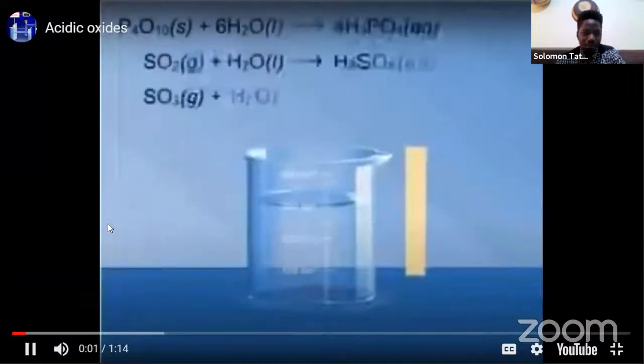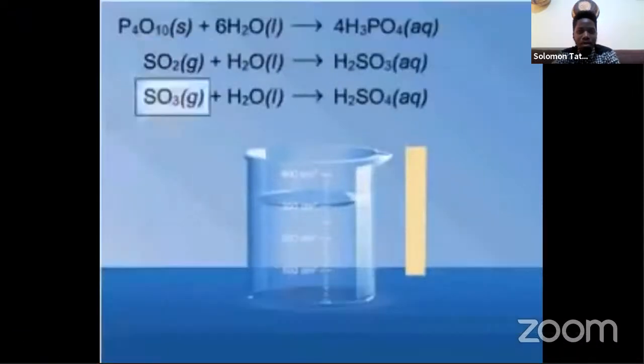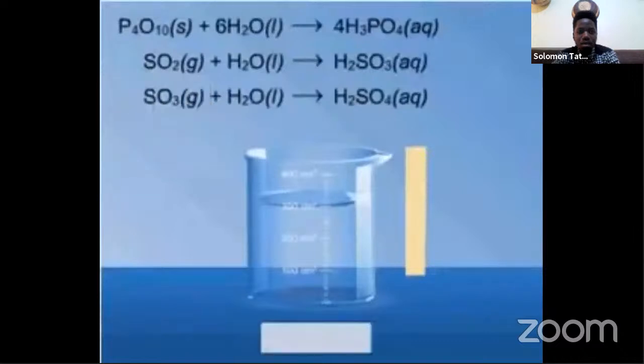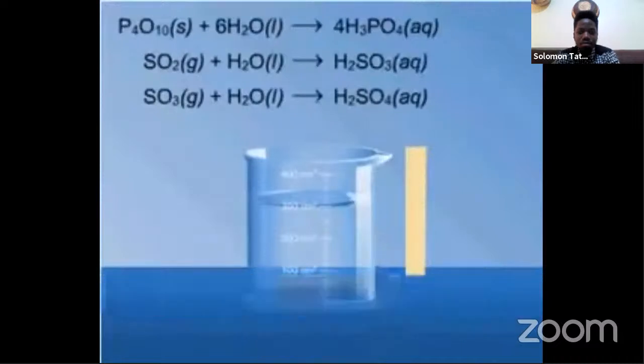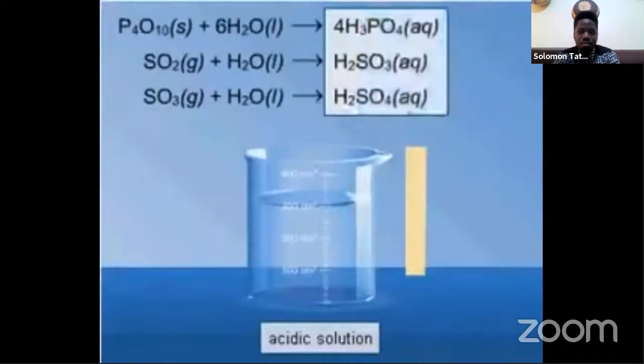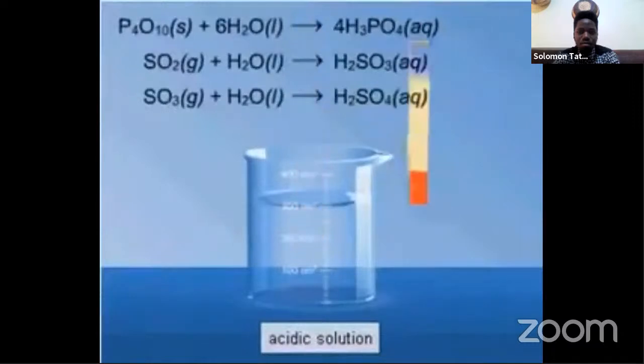Oxides of the last two elements, that is phosphorus 5 oxide, sulfur 6 oxide, and sulfur 4 oxide, are all acidic oxides. This means that they react with water to produce hydrogen ions. A solution containing an excess of hydrogen ions is called an acidic solution, and the reaction products of phosphorus and sulfur oxides with water are acids. Such solutions change the color of universal indicator paper or litmus paper to red. Let us study the mechanism for the hydrolysis of sulfur 4 oxide.